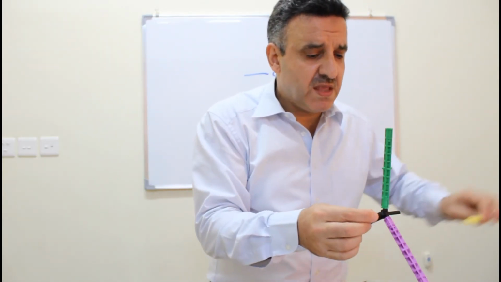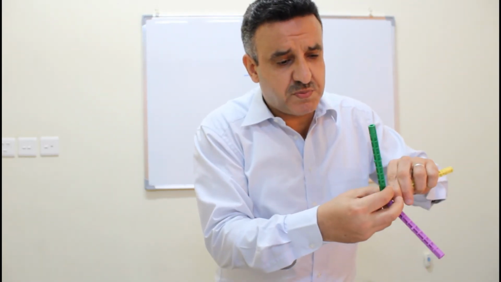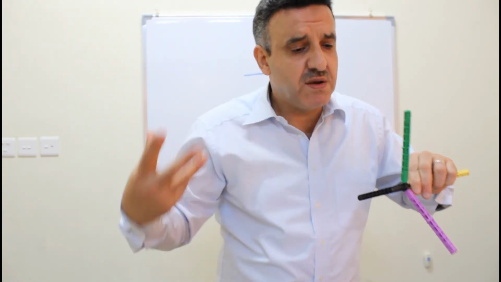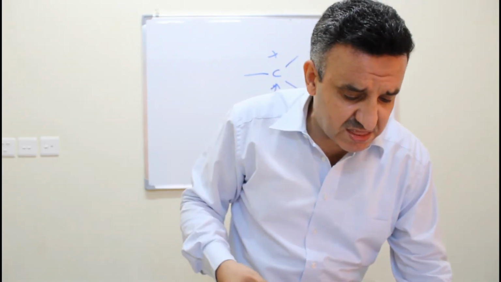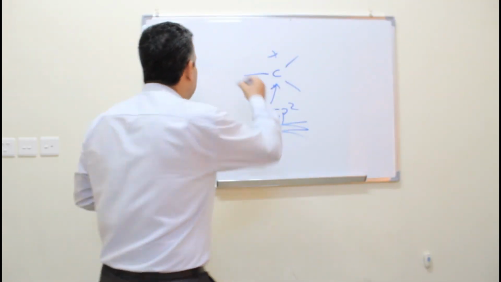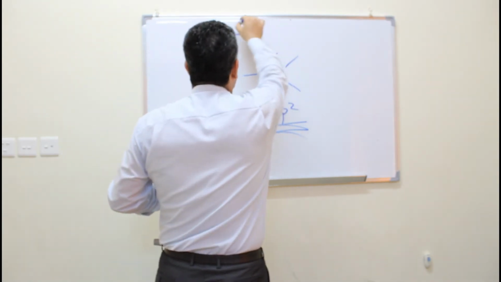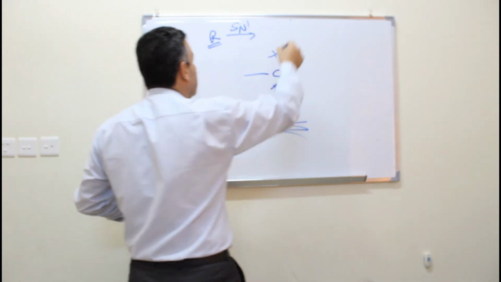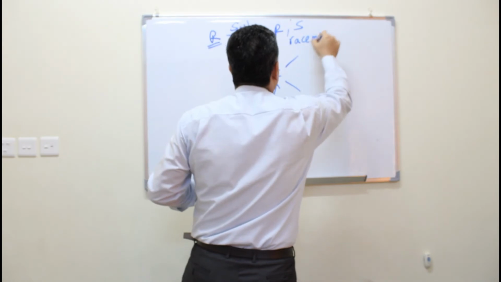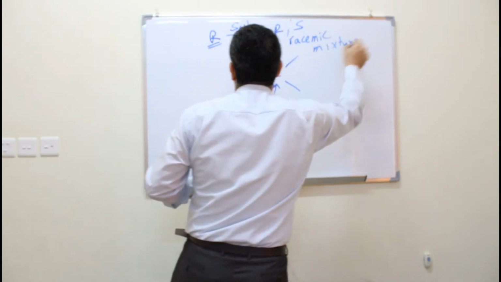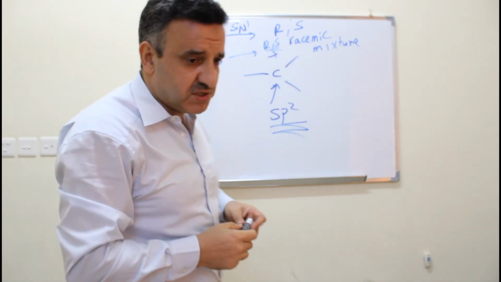Or vice versa: the nucleophile can attack from below, and therefore the umbrella made by the 3 atoms will be on the other side. Both possibilities are there, therefore if we start with R alkyl halide that undergoes Sn1, we will always get R and S, a racemic mixture of both. Or if we start with S, it doesn't matter, we always get an R and S racemic mixture.